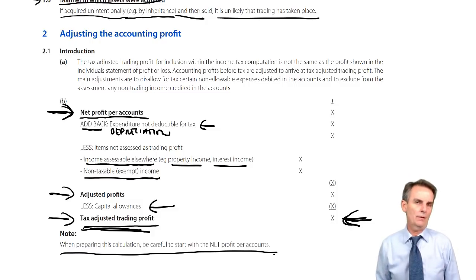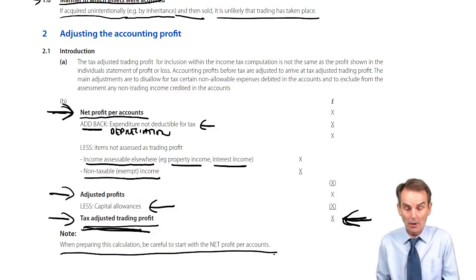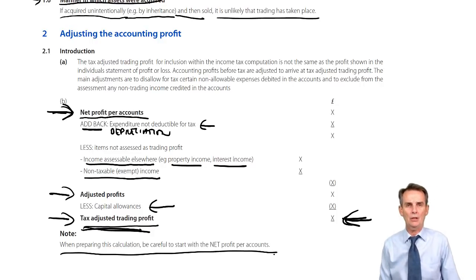So in either of those two 15-mark questions, this process of adjustment of profits and computation and deduction of capital allowances could be tested.